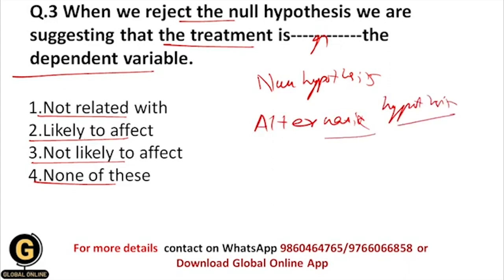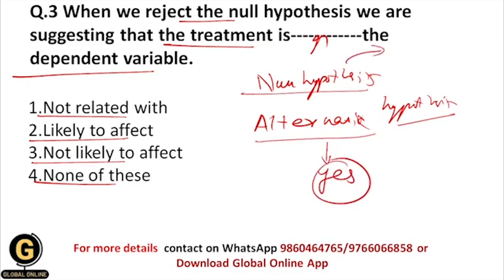Because in the alternative hypothesis we predict that there is a relationship between the two variables, but in the null hypothesis we predict that there is no relationship between the two variables under study, and that's why whenever we reject the null hypothesis, automatically we accept the alternative hypothesis, and ultimately we accept that there is a relationship between the two variables.